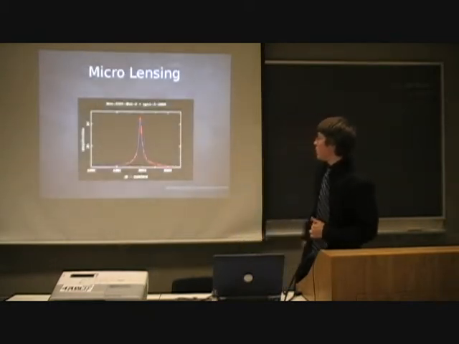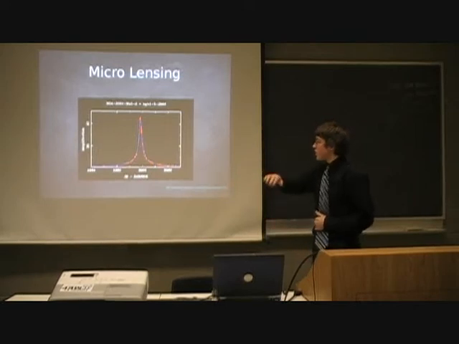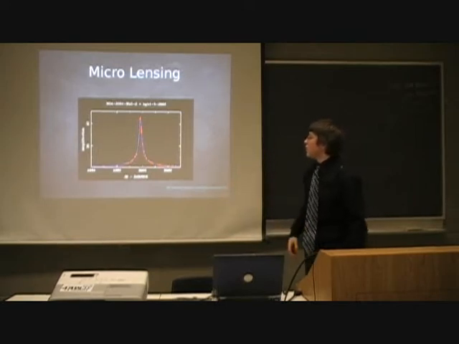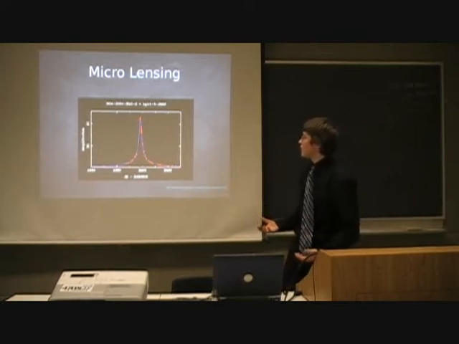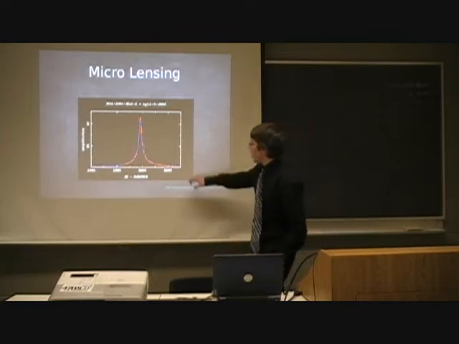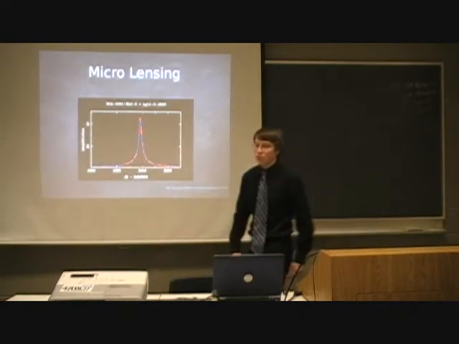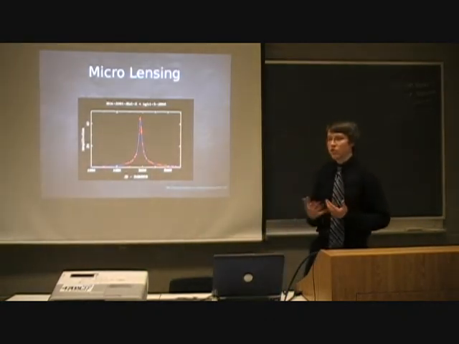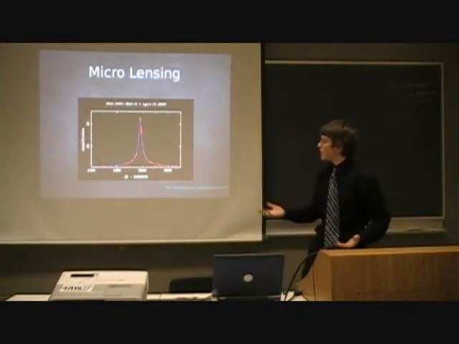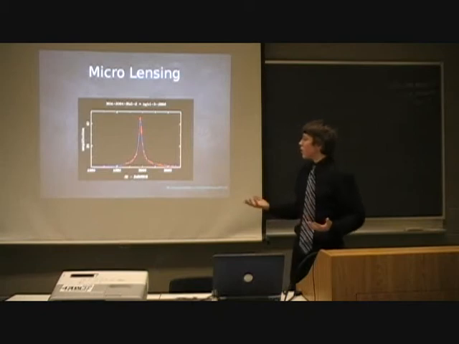So this here is a graph of a typical microlensing event. You've got the standard output of whatever your background source is that you're using as your reference, whether it be a galaxy, a quasar, another star.